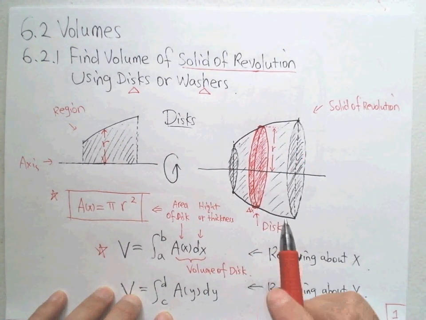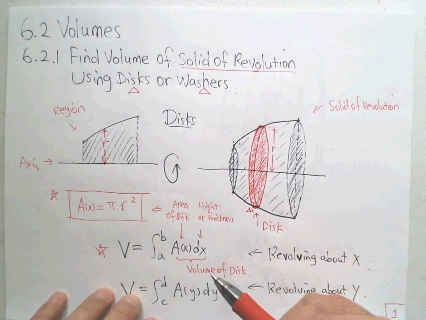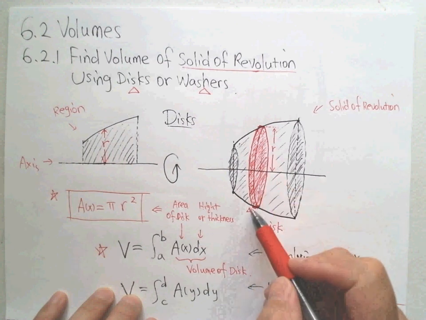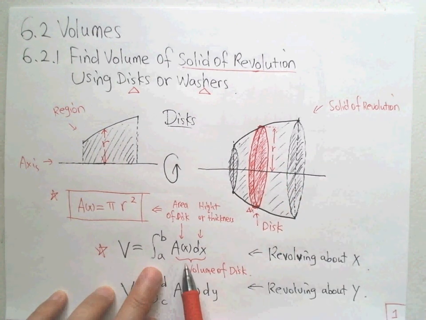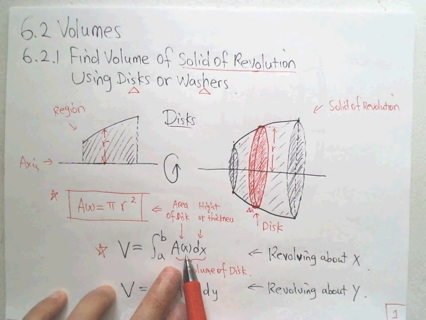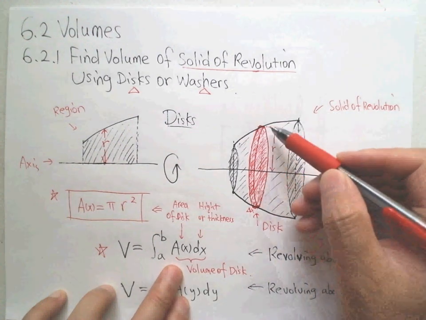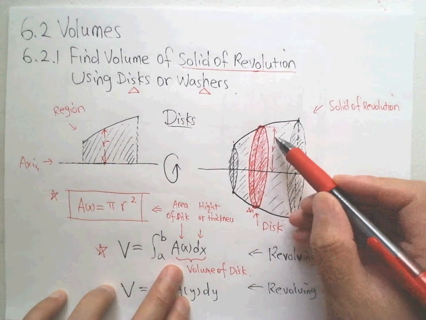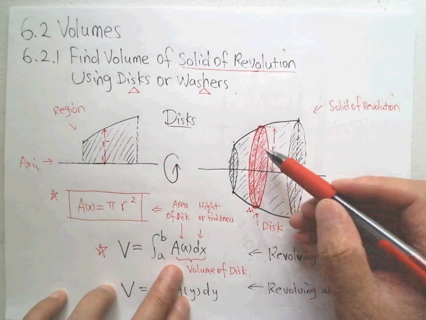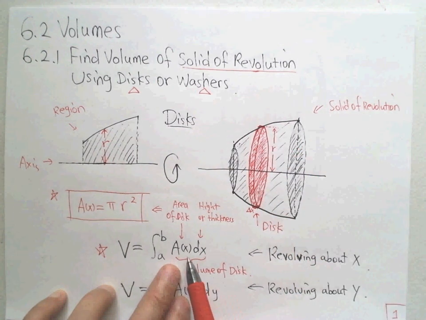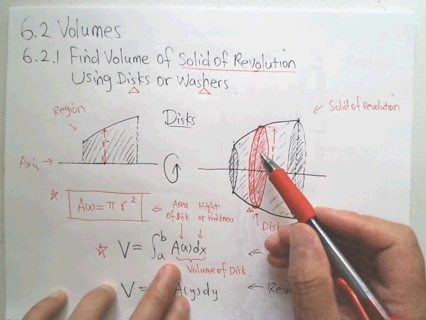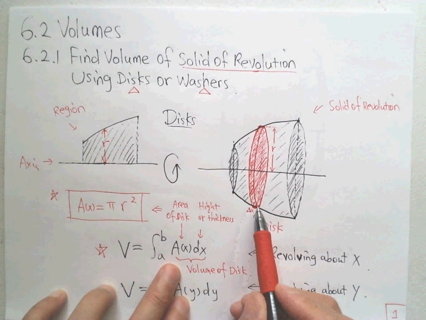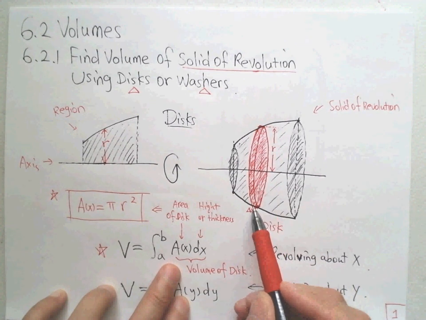So now we're going to develop the formula. All we need to do is find the volume of the disk, right? If A(x) is the area of the disk, it depends on the radius because this is a circle. And A(x) times the thickness or the height, since this is a cylinder, area times height is the volume of the disk.